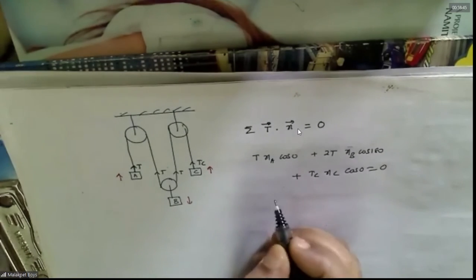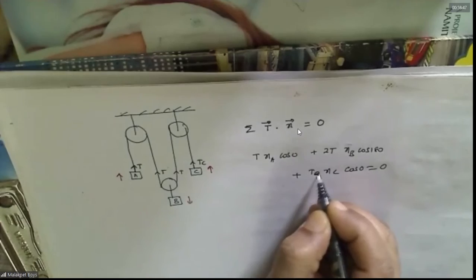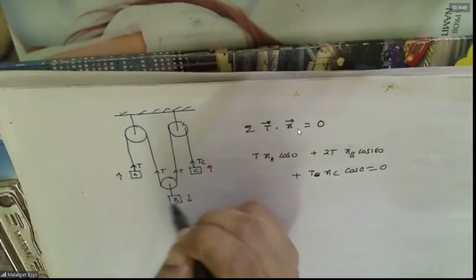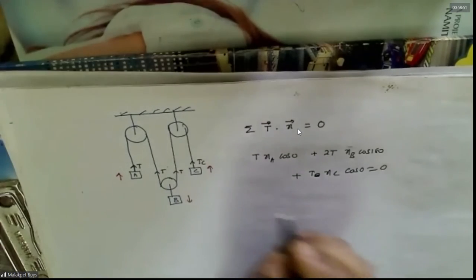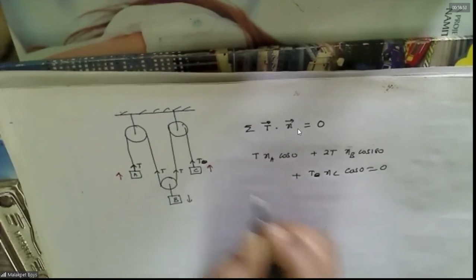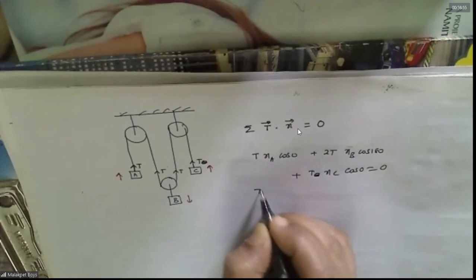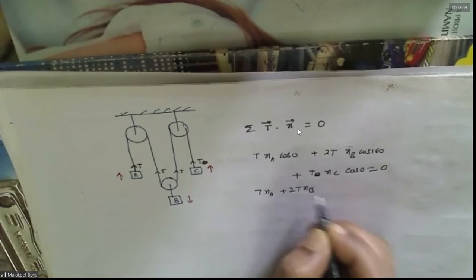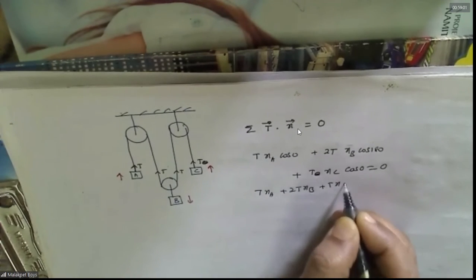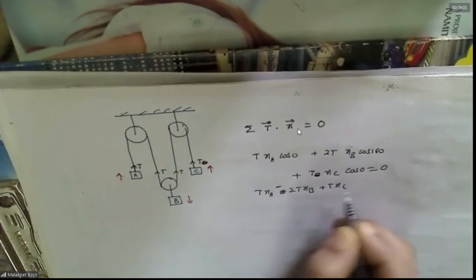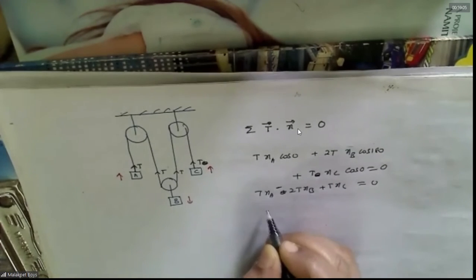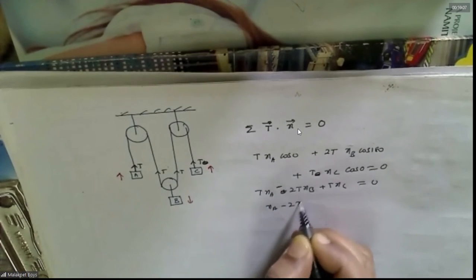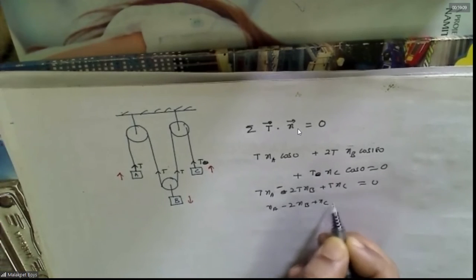So now you can see the tension. Tension is the same, the whole string is the same only, no? So you have T xA, 2T xB, T xC, minus will be there here. That means xA minus 2xB plus xC is 0.